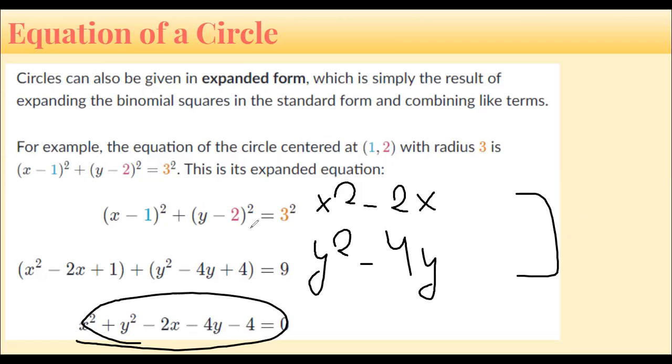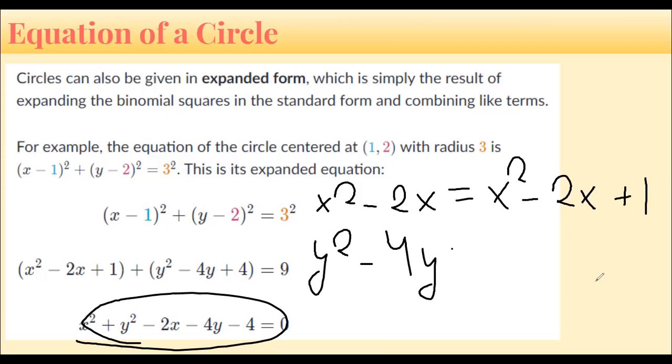Let's convert these to their desirable forms. So x squared minus 2x plus 1, because -2 divided by 2 is -1, and then squared it is 1. And this would be y squared minus 4y plus 4, because -4 divided by 2 is -2, and -2 squared is 4, right?